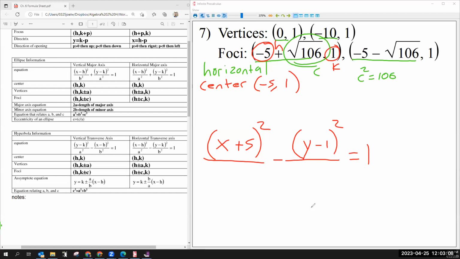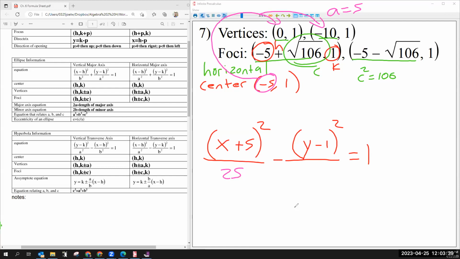All right, now I know that the vertices, the values that are changing, are 0 and -10. So it's going from -5 to 0 and -10. That's my A. So my A has to be 5. Okay, and we know A always has to be first, right? Or our A squared. So what's going to go underneath here? 25.